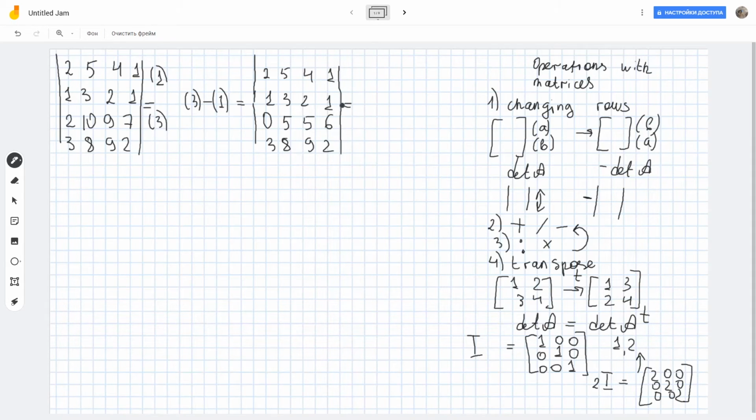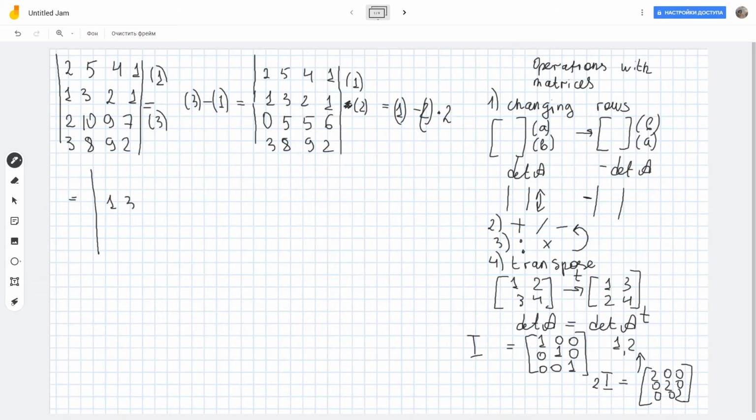So now let's work with the first row and the second row. So we can subtract from the first row the second one multiplied by 2. And we will get following.